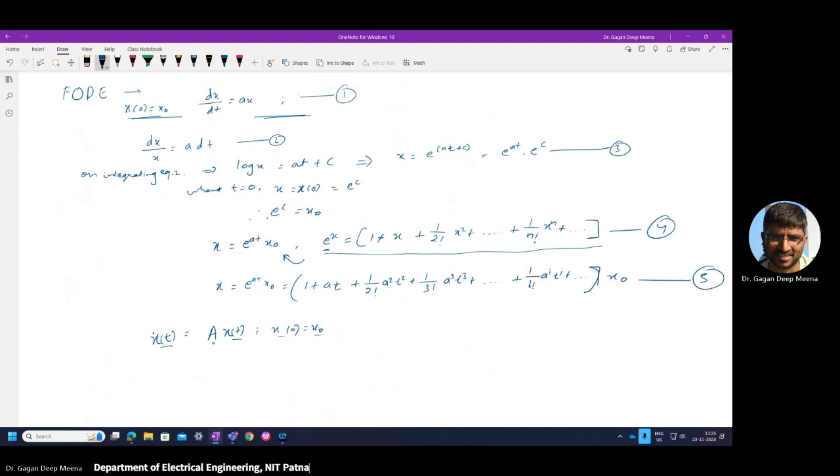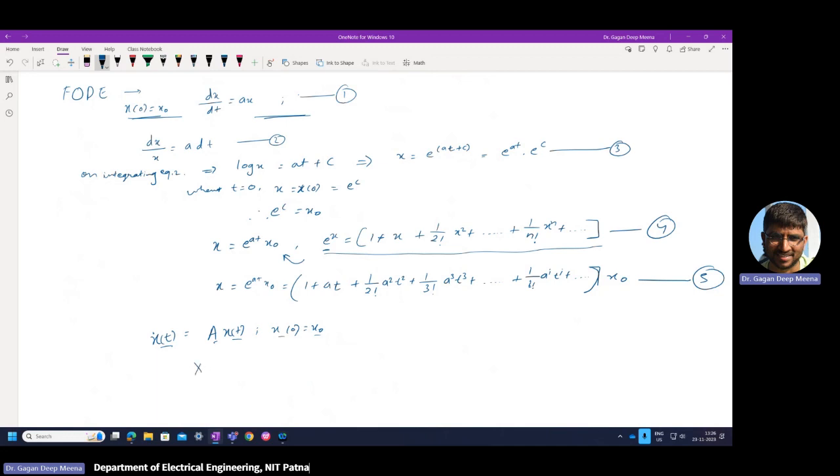This would be your n cross n square matrix. So by analogy from the above solution, we would like to continue and write the solution for this matrix and vector equation as per equation number 5.